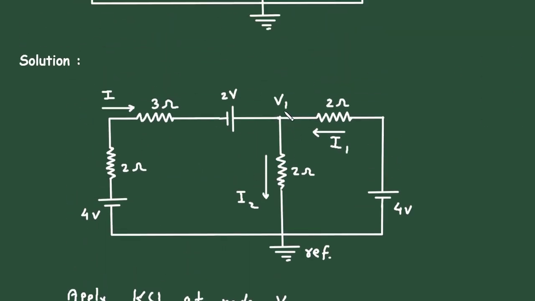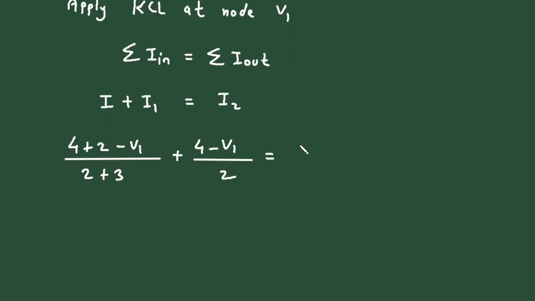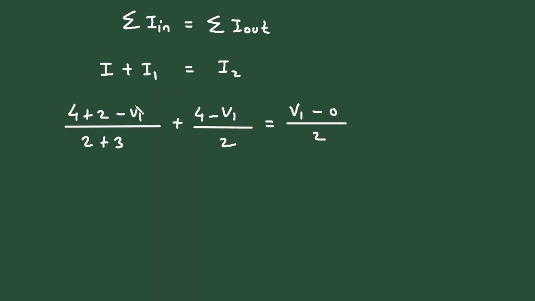Now this I2 will be V1 minus 0, because this reference voltage is 0 volt. So V1 minus 0 divided by 2. If we simplify this, it will be 4 plus 2, that is 6, divided by 2 plus 3, which is 5, then minus V1 divided by 5.